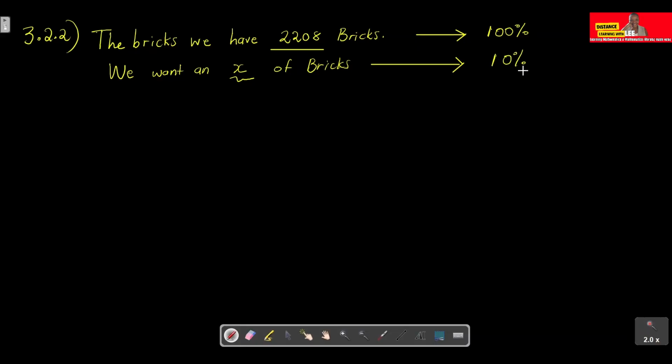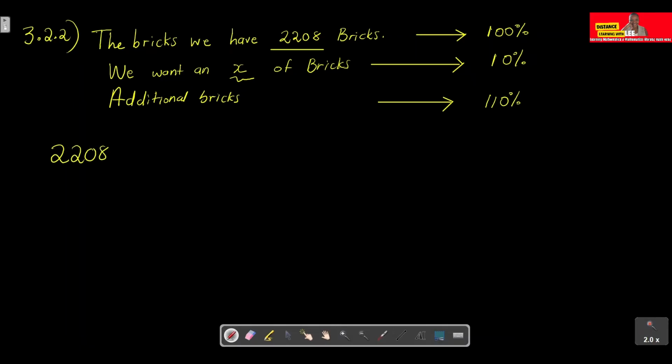So how can we determine how many more bricks will be needed to cover for the wastage? The additional bricks will then be 110%, because it'll be your initial bricks plus the bricks that are added.